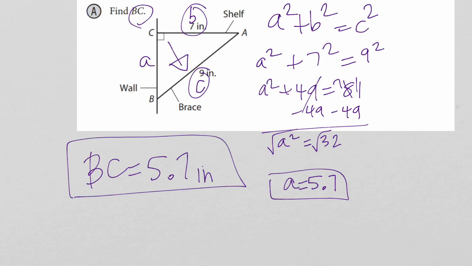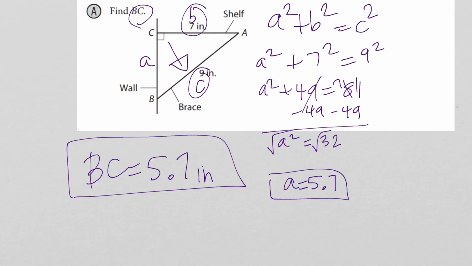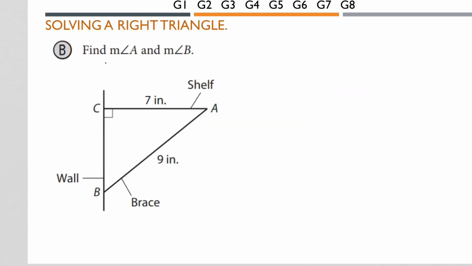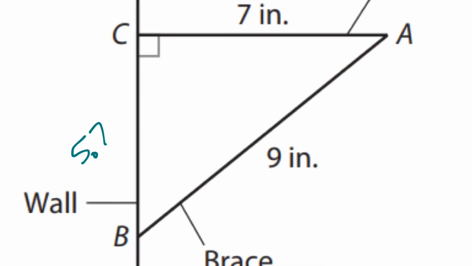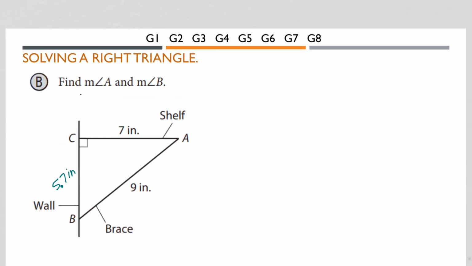We're going to need this part in order to find part B, because part B is now asking us to find angle A and angle B. So we said BC measured 5.7. Let me write that in before I forget. Now I have to use trig.